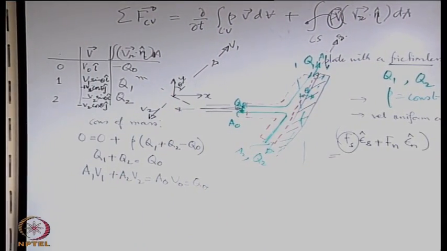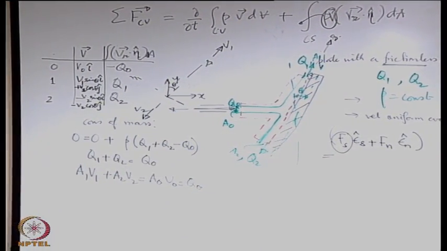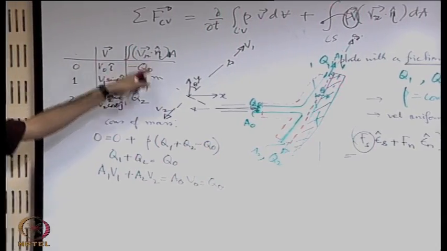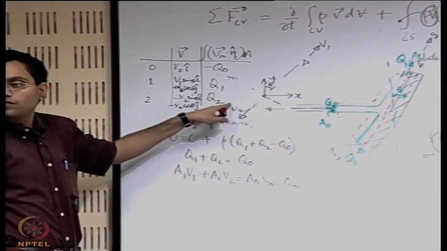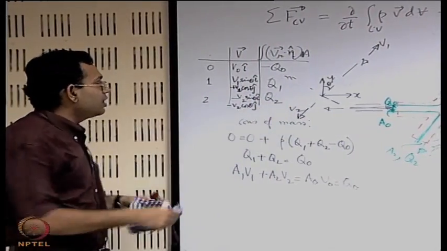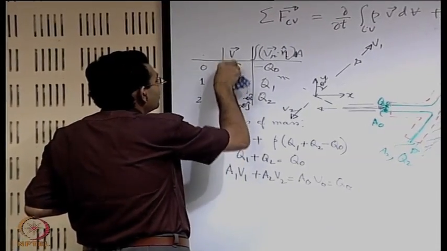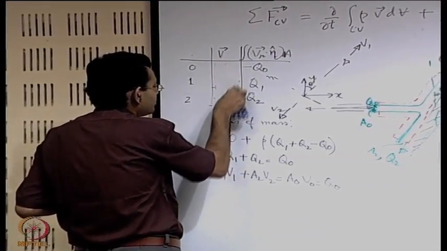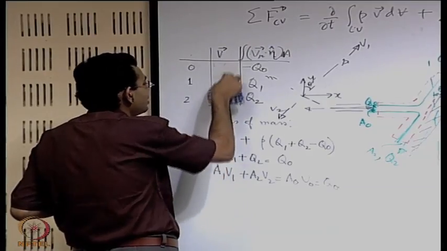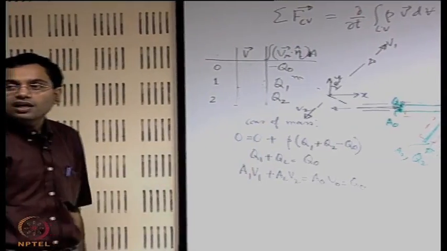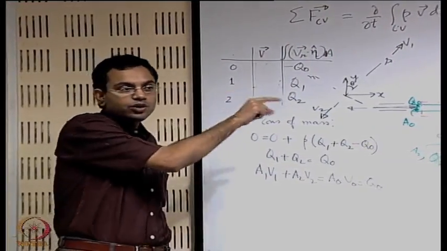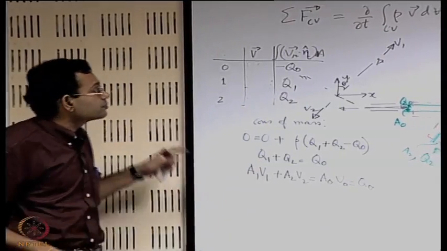So in terms of the s and n coordinate, the good thing is the flow rate does not change, it is independent of the coordinate type, but what changes are the expressions for the velocity vectors. So let us write these expressions now in terms of the s and n vectors, which will be useful for solving this problem.